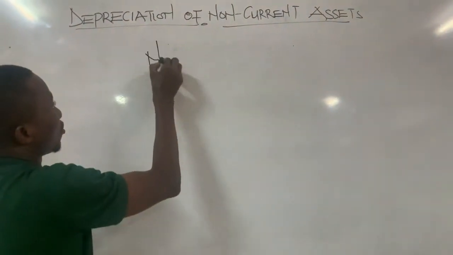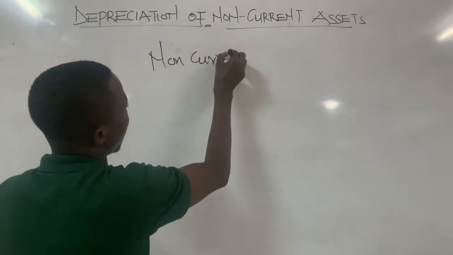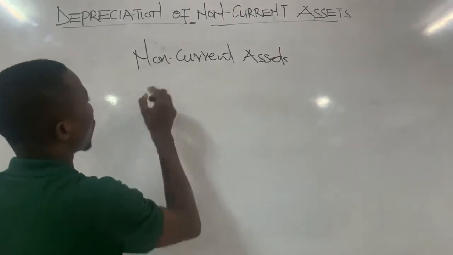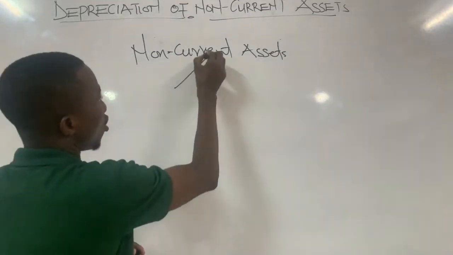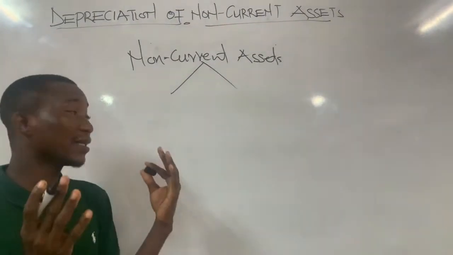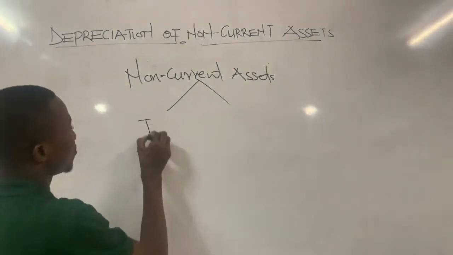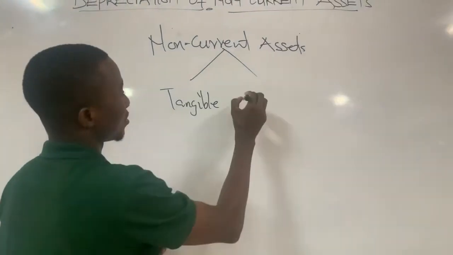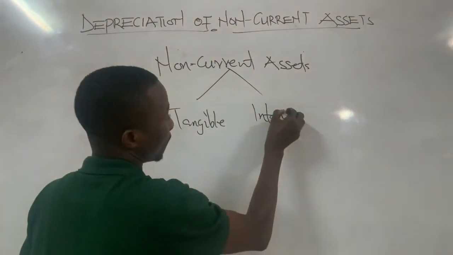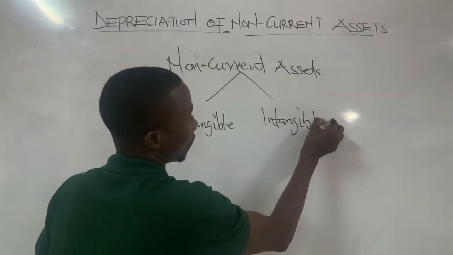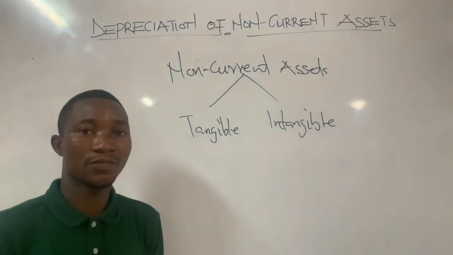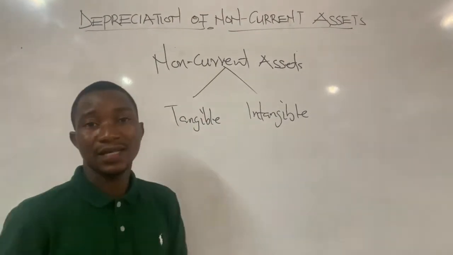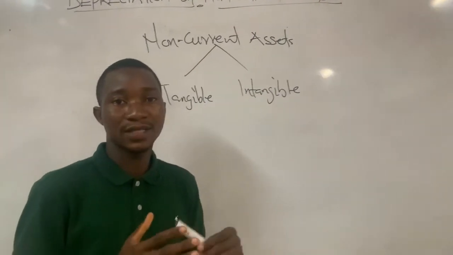I'll be classifying non-current assets, or I'll break them into two: the tangible non-current assets and the intangible non-current assets. When the tangible non-current asset loses its value, we call it depreciation.